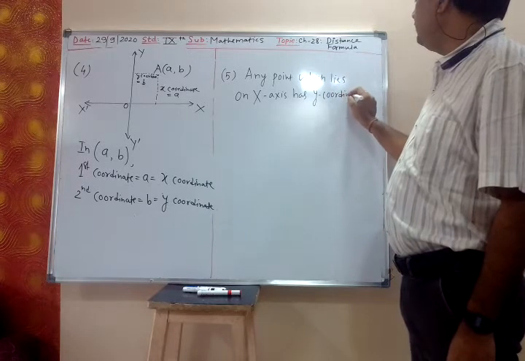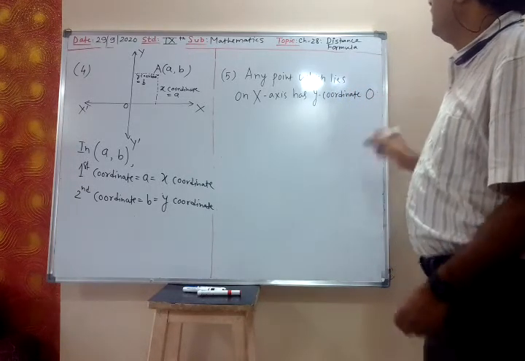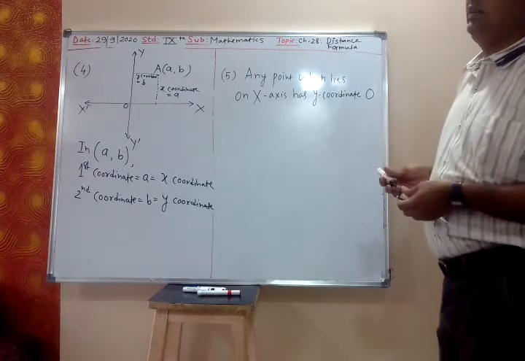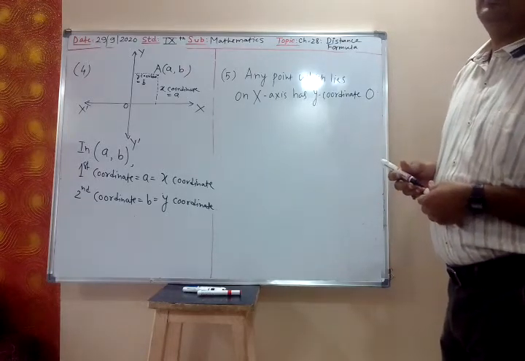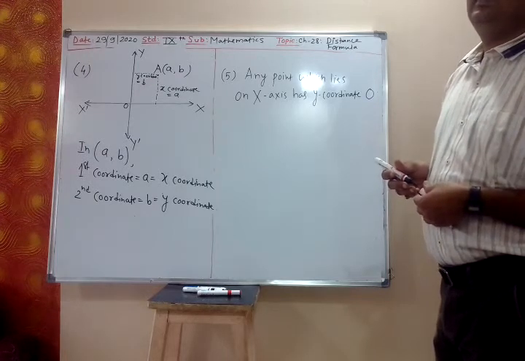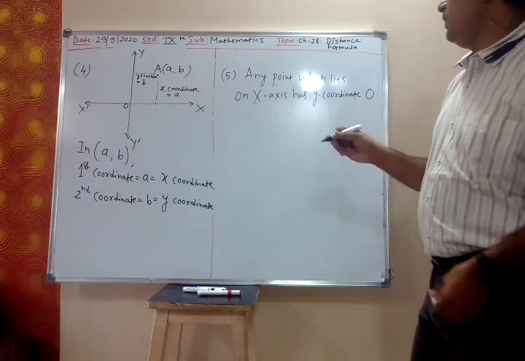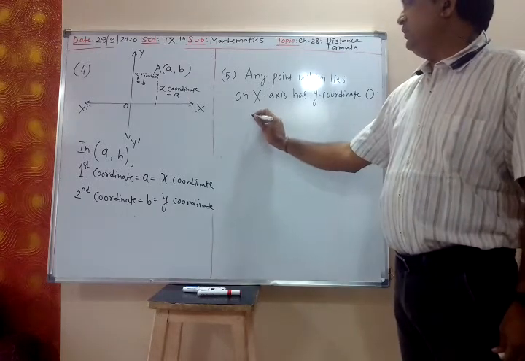Any point, if you take on x-axis, its y coordinate, meaning second coordinate, must be 0. So it will be of this type.